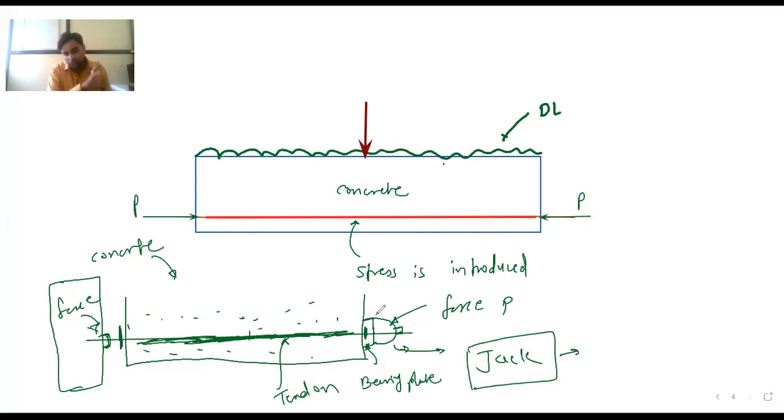So that is also removed, and then we remove the formwork also, or we cut down the steel bars, and then we remove the formwork. Then we will see that some portion of the bar still coming out of the concrete, that also we will cut down. Okay, and this type of member is known as the pre-stressed concrete member.